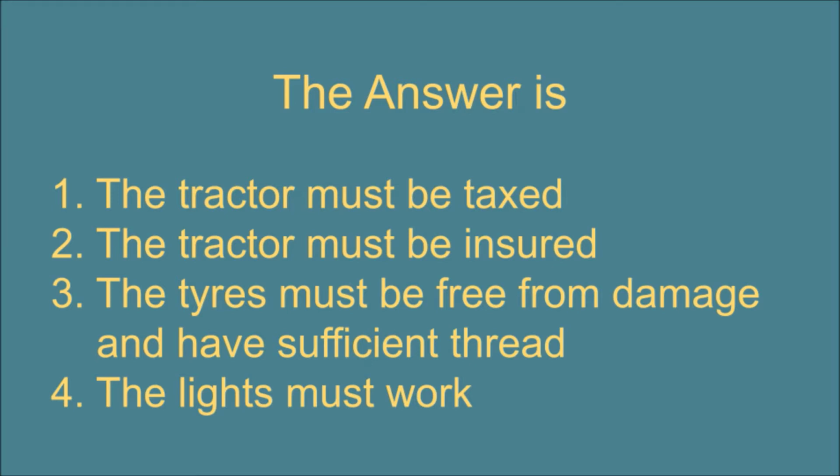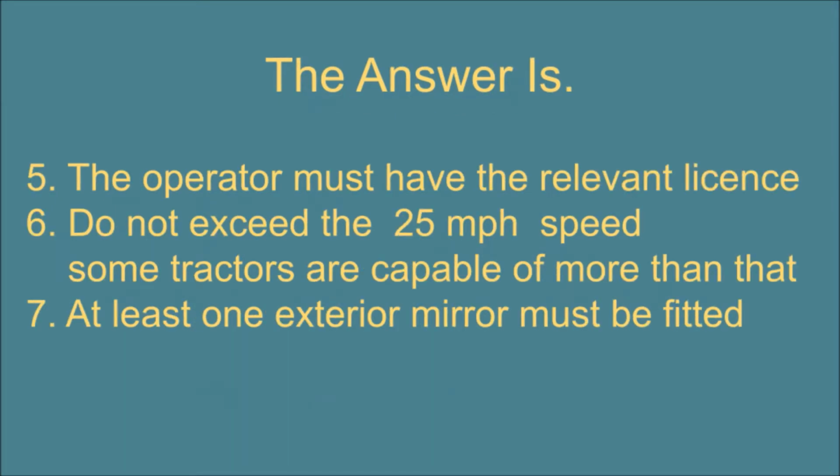The tires must be free from damage and have sufficient tread. 4. The lights must work. 5. The operator must have the relevant license. 6. Do not exceed a speed of 25 miles per hour, even though some tractors are capable of more than that. 7. At least one exterior mirror must be fitted.